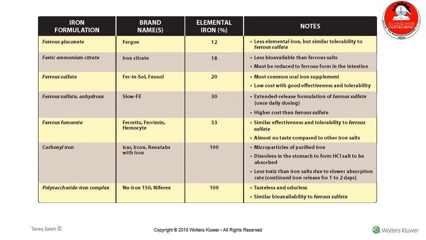As we mentioned, oral supplementation of iron is the mainstay of the treatment of iron deficiency anemia in most patients. That's why it's important to take a look at the available preparations of oral iron and discuss some of their characteristics. So from this table, you can see that ferrous gluconate contains 12% elemental iron.